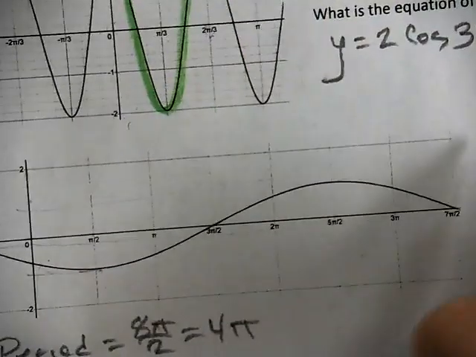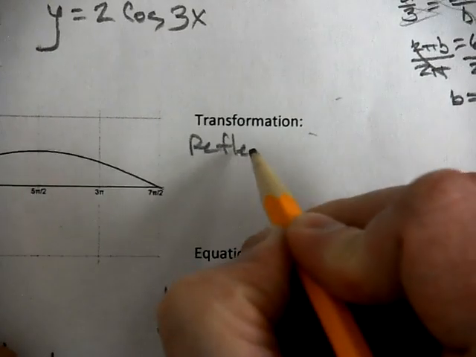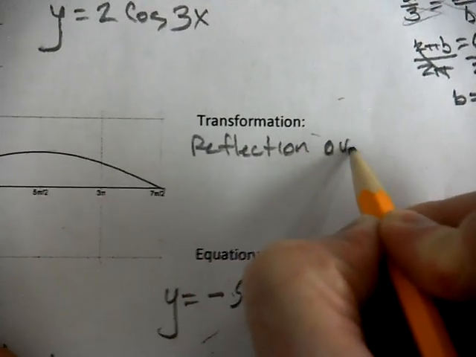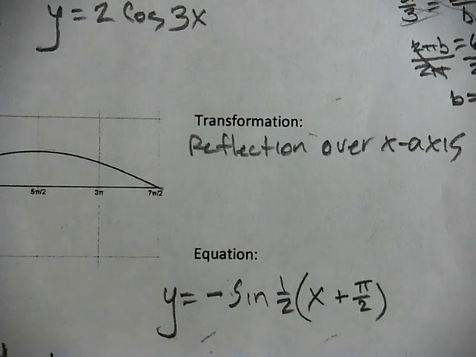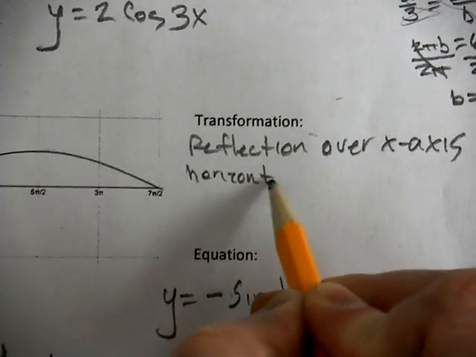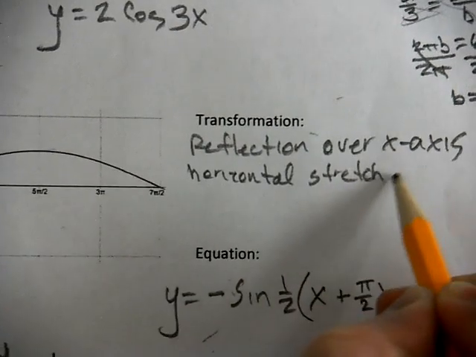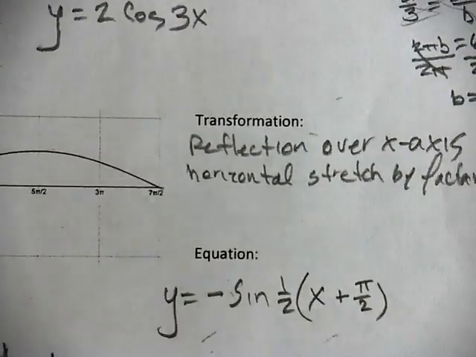So our transformation: reflection over the x-axis. It has a horizontal stretch by a factor of a half.